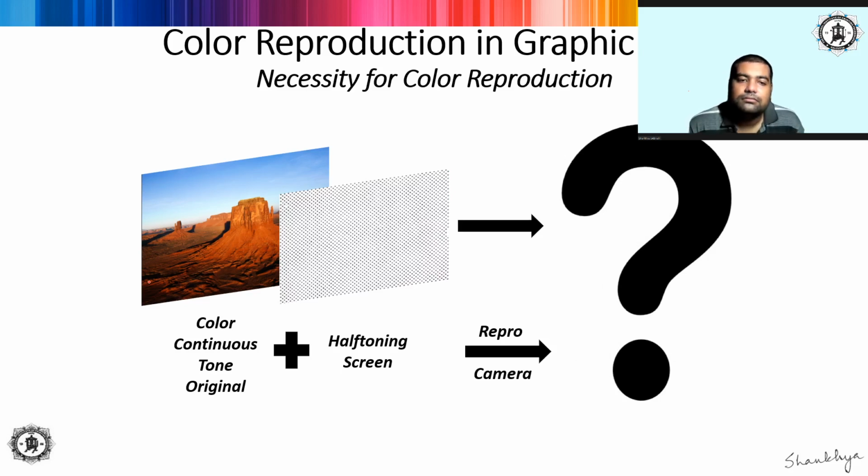We can use, and we do use, inks apart from cyan, magenta, yellow, and black in printing, but those situations are different. For any process printing, we use a minimum of three. Actually we use four, but why four, we'll discuss later on.